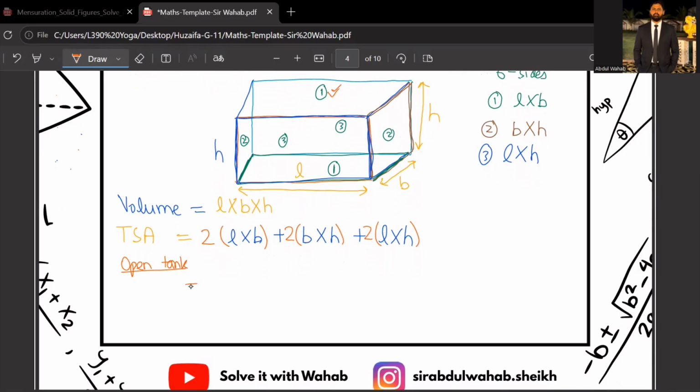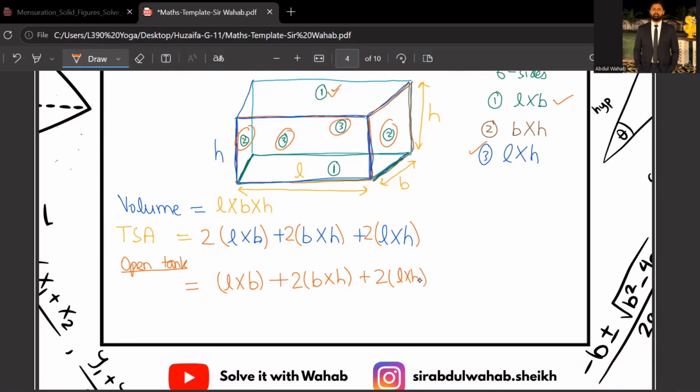So for the first side we have L into B, and we just write L into B only. We do not use 2 here. And obviously, if the tank is there, it has both sides, this one and this one. It must be there. And it has the front and the back, the third side, which represents the wall, L into H.